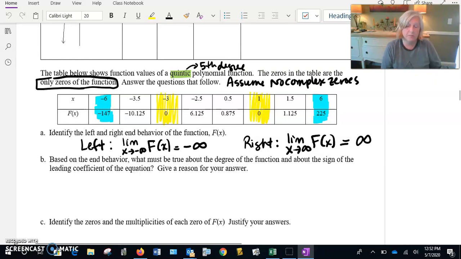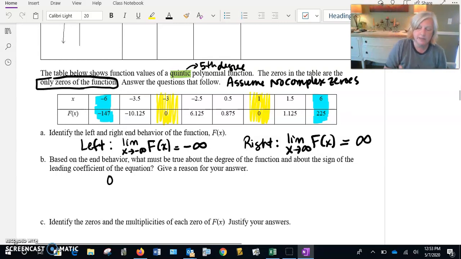Now, based on the end behavior, what do we know about the degree of the function and about the sign of the leading coefficient? Well, we already know that it's a quintic, so it's a fifth degree, which is an odd degree. That makes sense because our end behaviors went in opposite directions: it's falling on the left, rising on the right. So overall, it's a positive trend, even if it goes up and down in the middle.